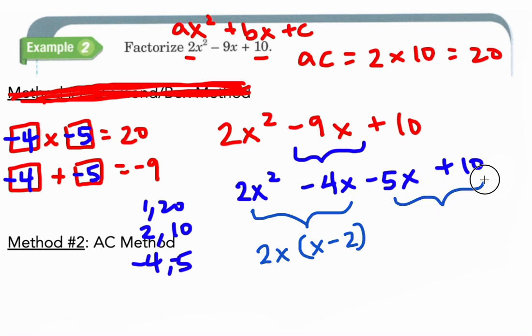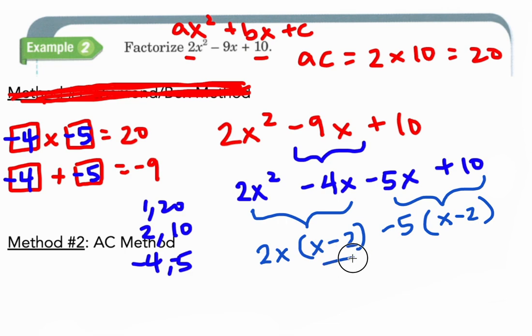And then for the second pair, all you're going to do is copy this x minus 2 back here. And then working backwards, figure out what their GCF would be. Negative 5 has to multiply by x to get to negative 5x. And then it works out that negative 5 times negative 2 gets you to a positive 10.